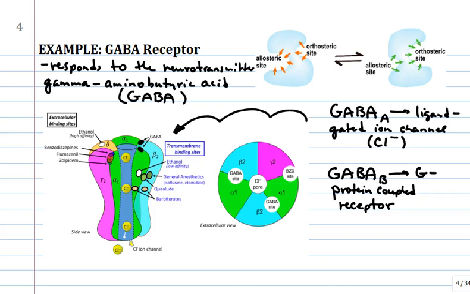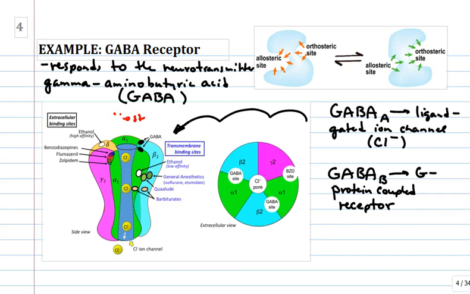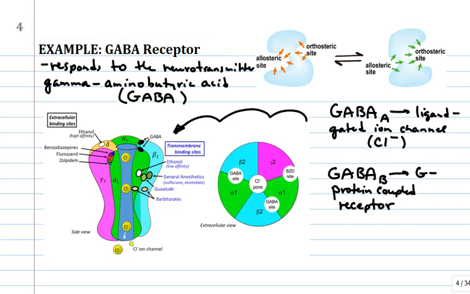Wow. Okay, one that you should notice first is GABA, because it binds in the orthosteric site. So GABA is the orthosteric ligand, if you want to say that. The normal ligand.